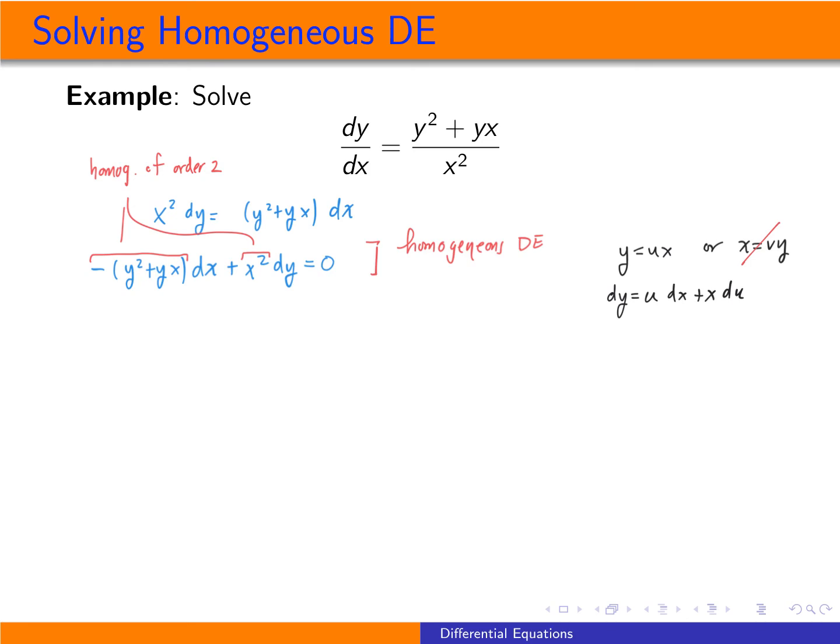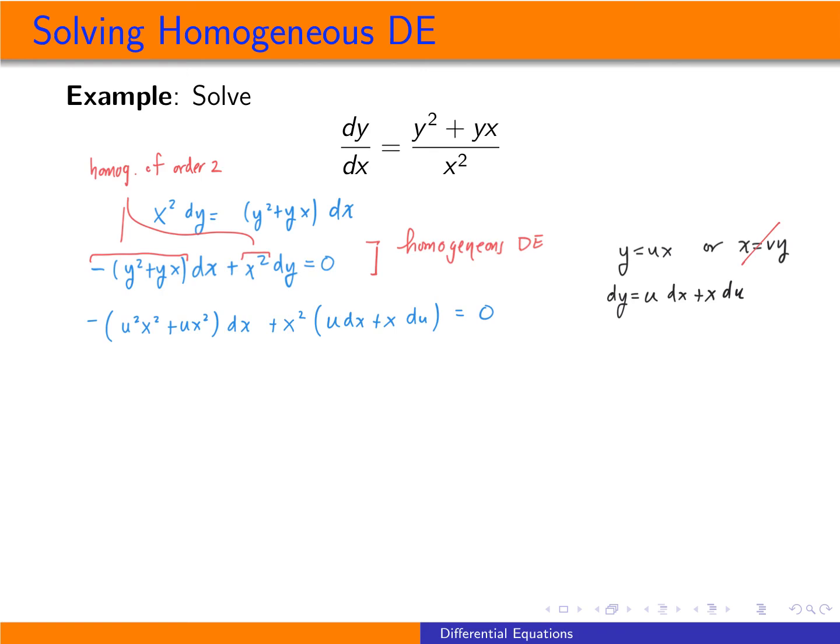Working my way from left to right, the y becomes ux. So I would have (u squared x squared plus ux squared) times dx plus x squared times dy, where dy is u dx plus x du.